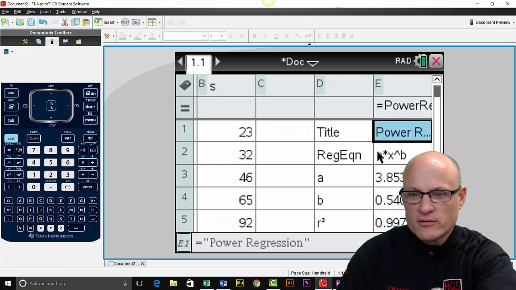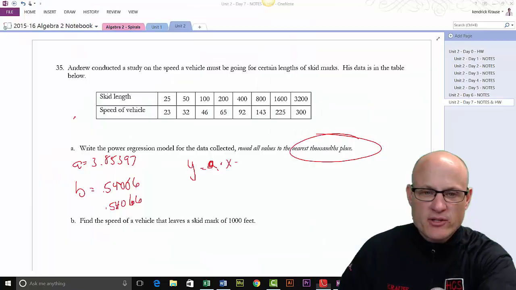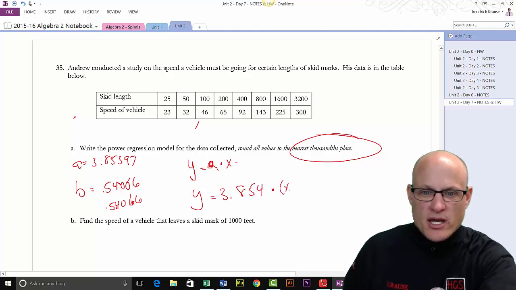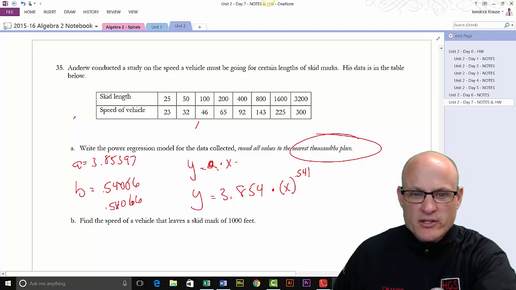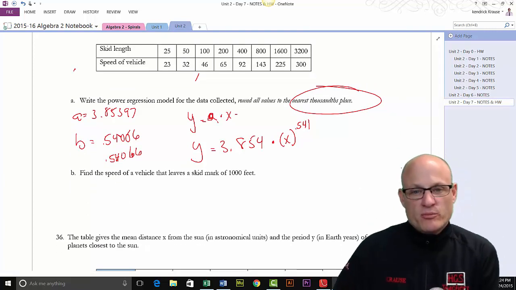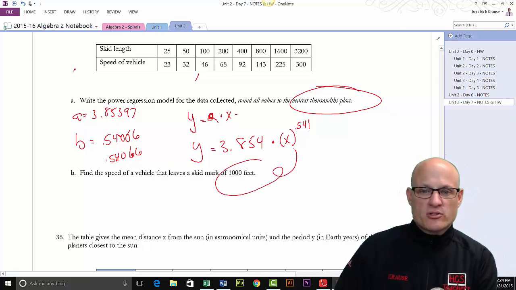They tell it right here: y equals a times x to the b. And we want 1,000. So y is equal to 3.854 times x raised to the 0.541. What's the speed of a vehicle if the skid is 1,000 meters long? So the 1,000 we're just going to plug in for x.